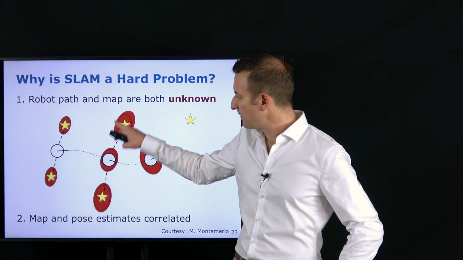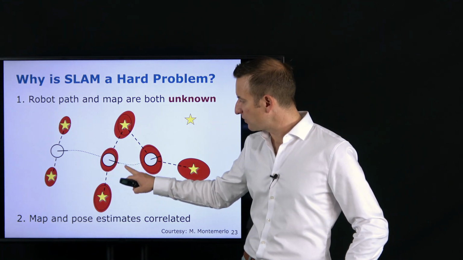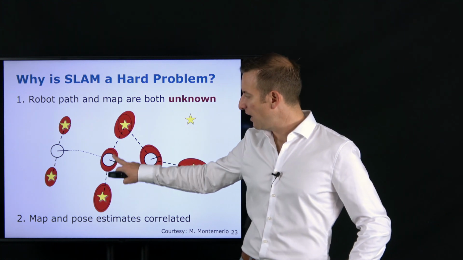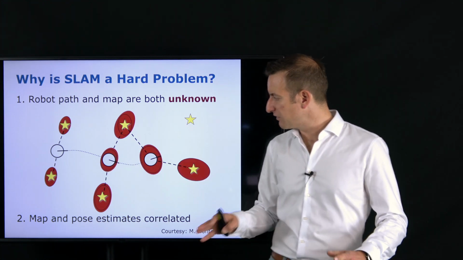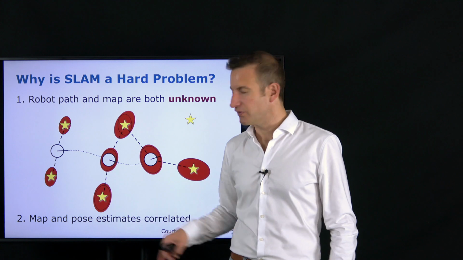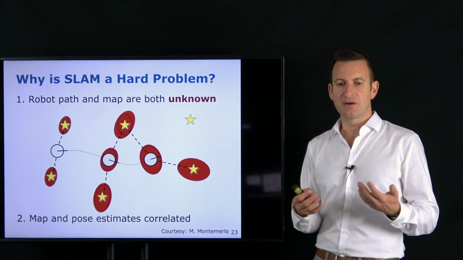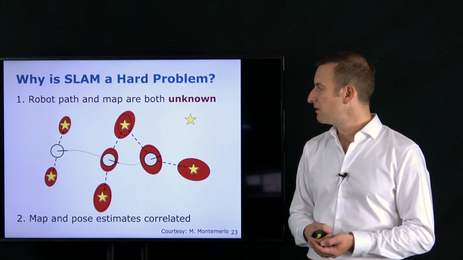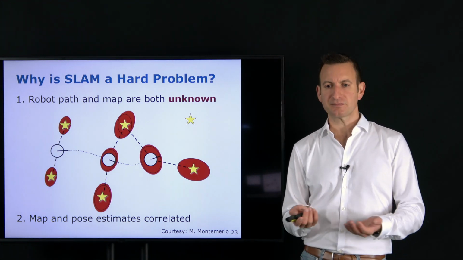Although this wasn't really a loop closure, just a reobservation of a landmark, you can see how the uncertainties of the involved estimates slightly shrink. Also this one over here, based on the correlation between the map estimates, the location of the landmarks, and the positions of your platform.